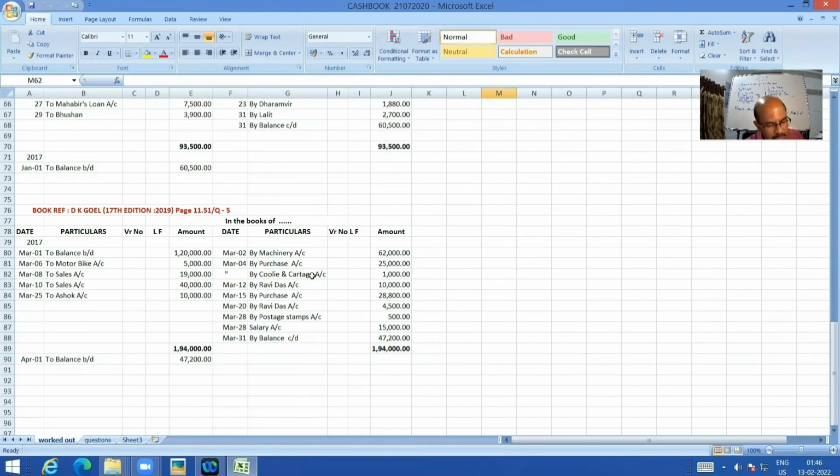Next one, bought goods from Ravidas. Tell me, bought goods from Ravidas. How much? 15,000. Will it get qualified in this cash book? No, it will not. Why? Someone's name is mentioned and they are not told, emphasize the word, paid cash or something like that.